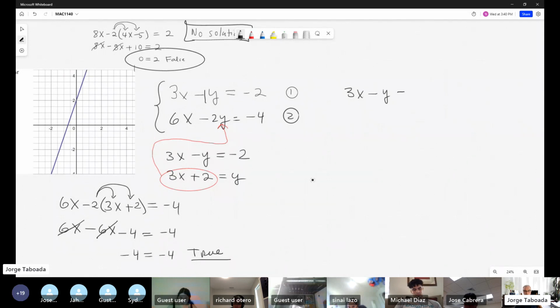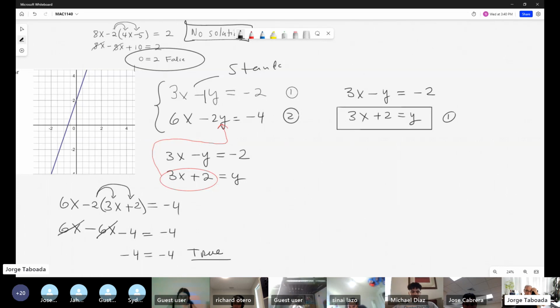I copy the first equation. Yeah, I solve for y. Let me try. Well, I did that actually. 3x plus 2 equal 1. Okay, this is my other version of equation 1, but this is a standard form. This is a detail, important, but not important now.